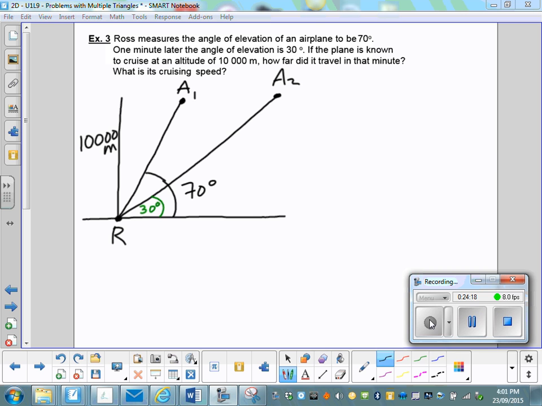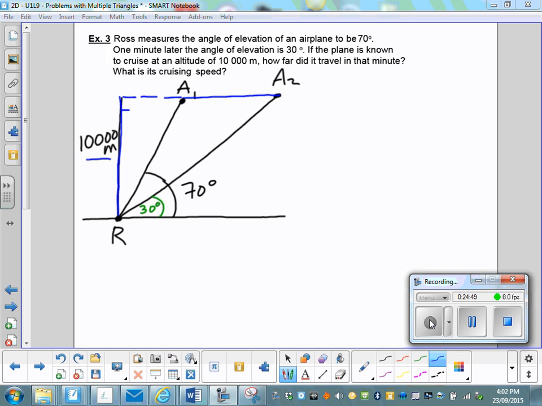So they want to know how far did the plane travel from here to here. And I'm going to extend that across to there. So the 10,000 meters is the altitude, so that's the height. That's why it's the distance that's going straight up here.